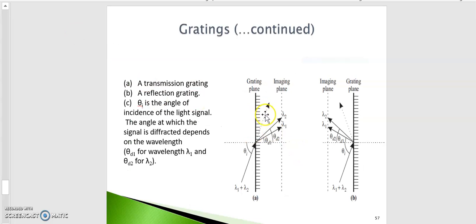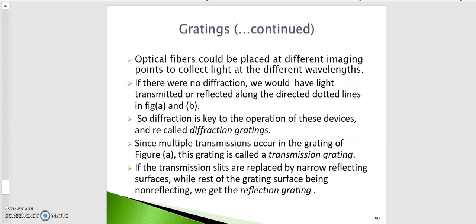Suppose diffraction is not occurring, the light will be transmitted along this direction, or reflected along this direction. So it implies that diffraction is the phenomenon behind the operation of these gratings. Diffraction is the key to the operation of these devices. That's why they are called diffraction gratings.